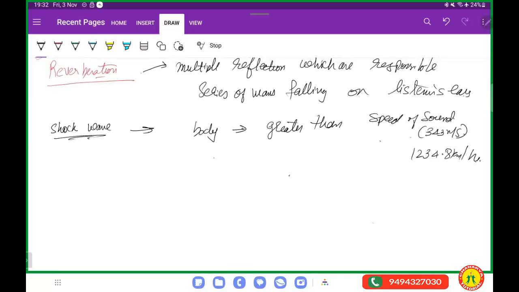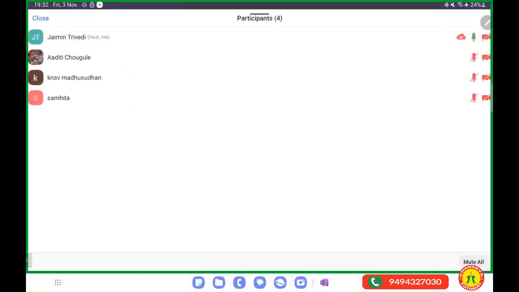Okay, then what is the escape speed of Earth? Do you remember what is the escape speed of Earth? Gravitation. Yes, guys, tell me, what is the escape speed of Earth?